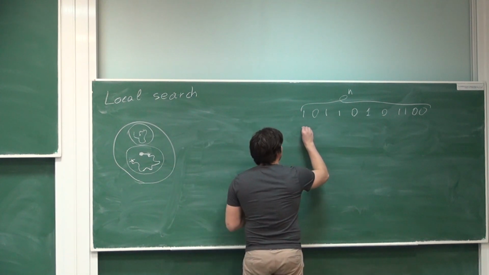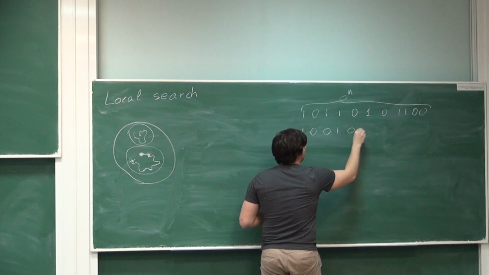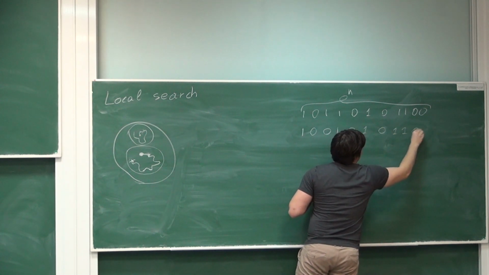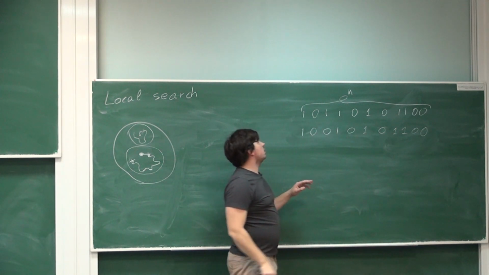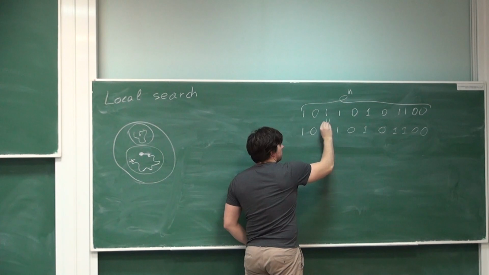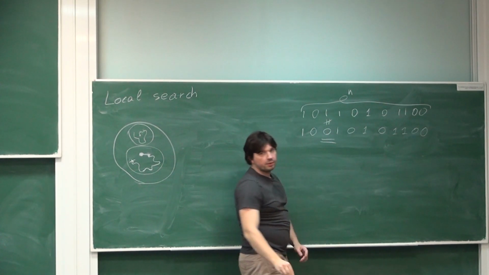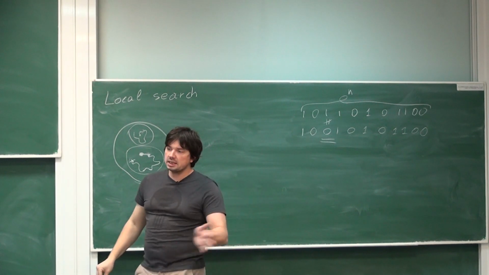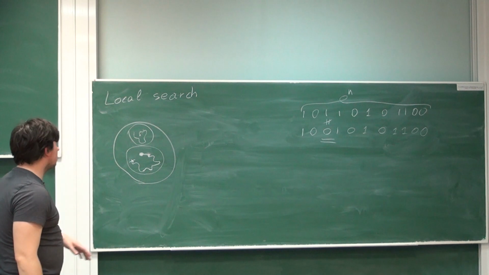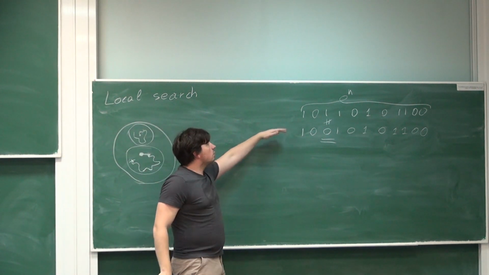So, for example, this one is equal everywhere except this point. So this is a point of difference, but the rest is the same. And what we'll do, we'll start with some point and we'll go to its neighbor.